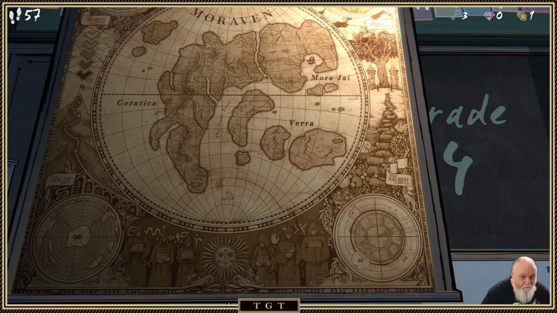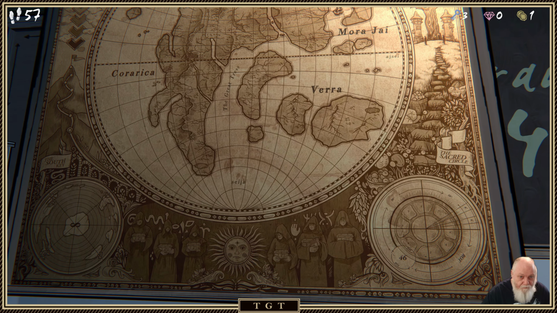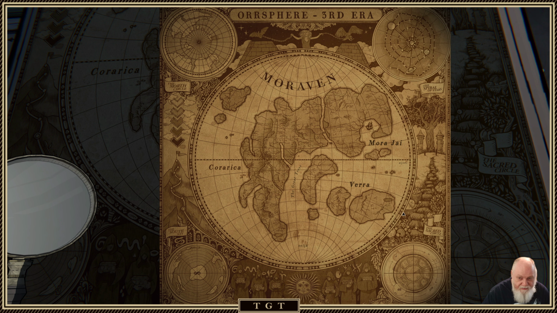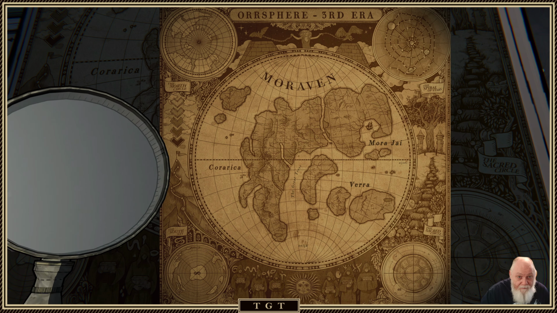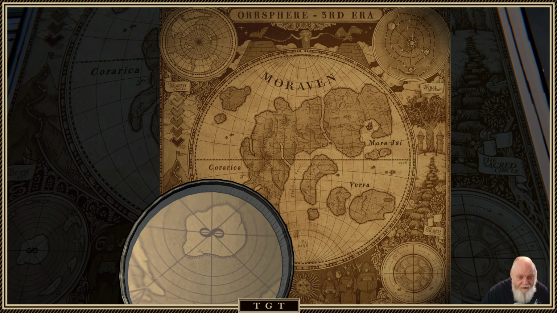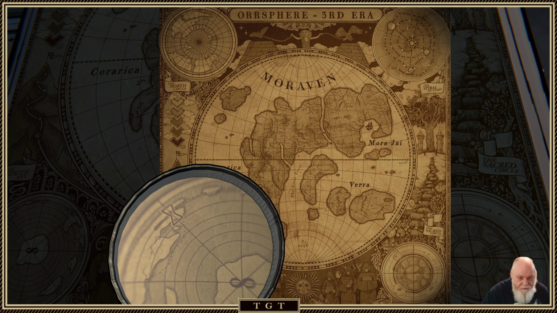Yep. The only reason I'm looking at this further is I've taken this screenshot here, but I haven't taken screenshots with the magnifying glass.